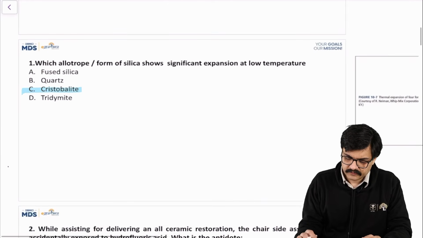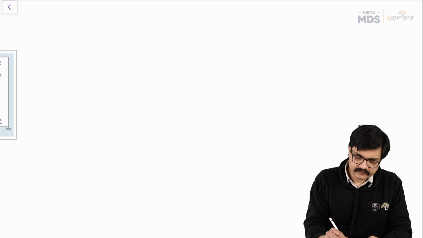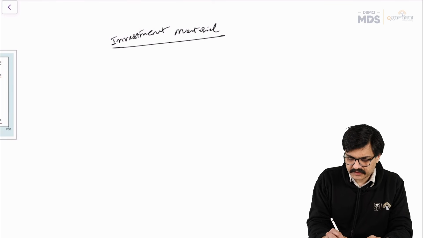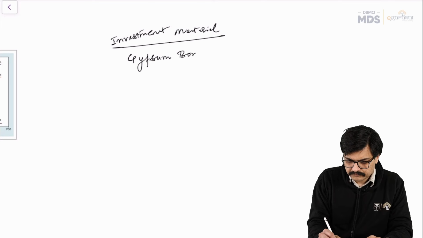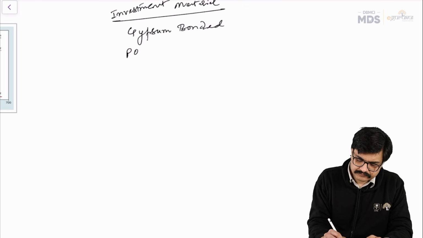Okay, so you're talking of a situation in which you're talking of an investment material. Now this can be a gypsum bonded, this can be phosphate bonded, this can be silicate bonded.